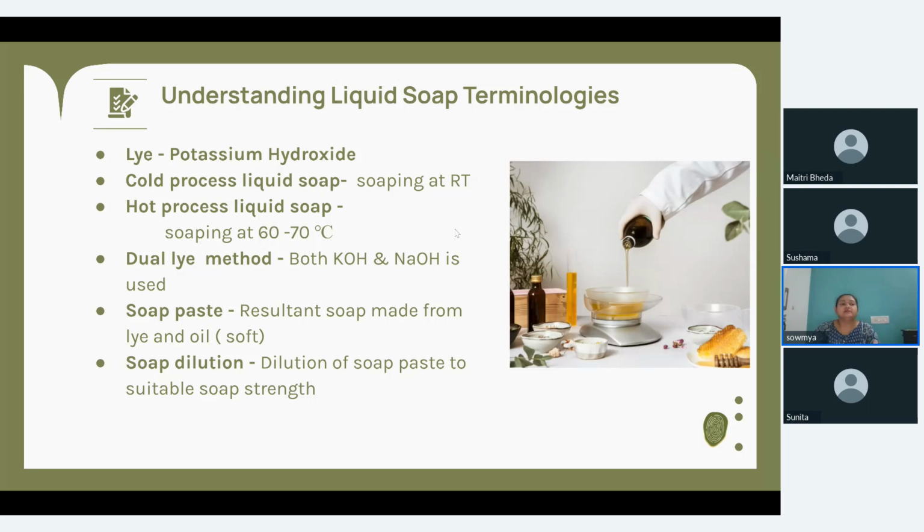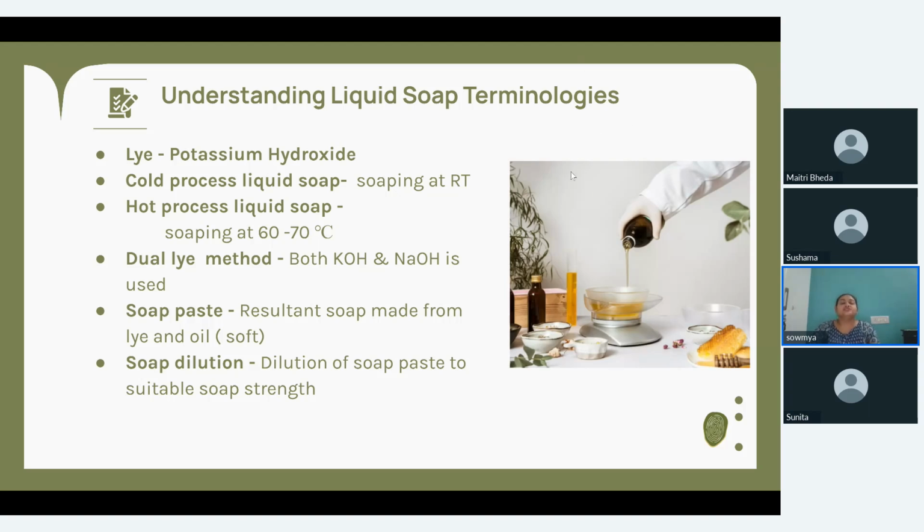The soap that we get from mixing the oils with potassium hydroxide is not a solid bar soap like what you used to get in the CP and HP methods, which we have learned previously. We will get a very soft looking paste.